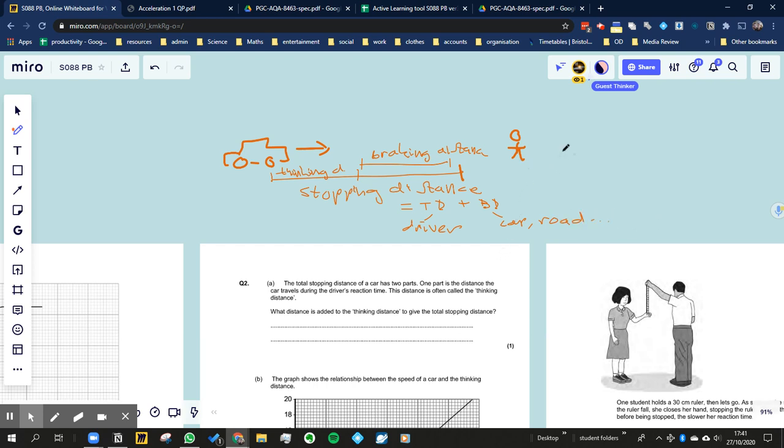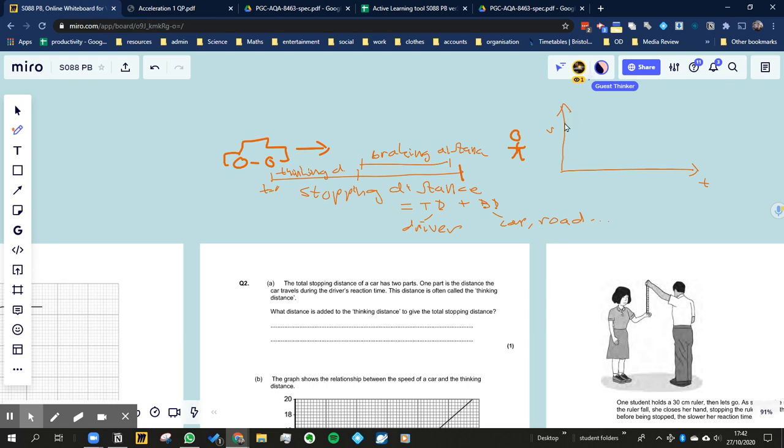Okay. The next bit is still fairly easy, but then it gets a tiny bit harder, and you want to start thinking about how the motion of the car is changing over that time, if we say t equals 0 at the beginning and t equals whatever at the end. What is happening to the motion of the car? If we draw another graph here, with t on one axis and v on the other, the changing velocity over time.